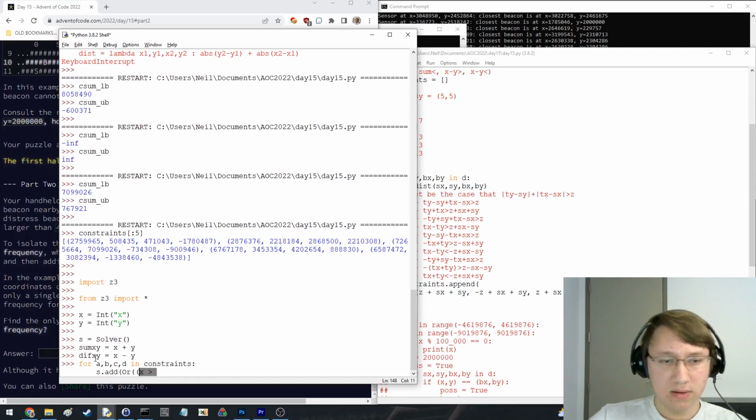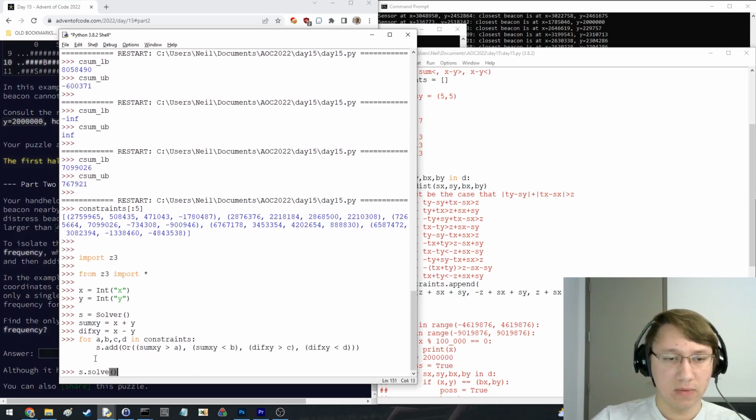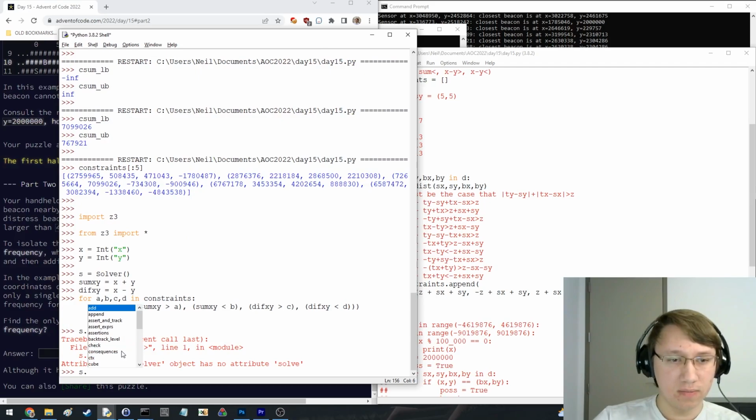Then either sum xy greater than a, sum xy less than a, diff xy, or sorry, b, greater than c, or diff xy less than b. One of these must be true, and then we'll just solve. Check.